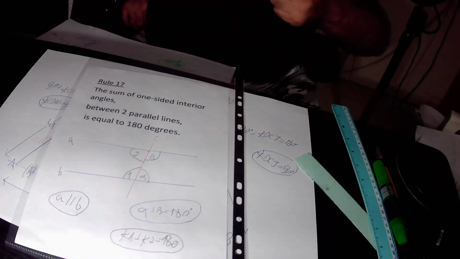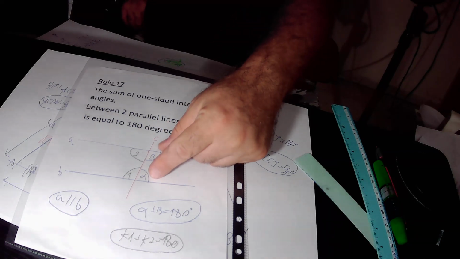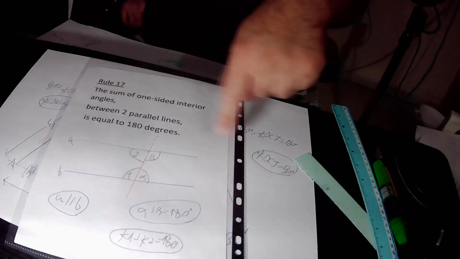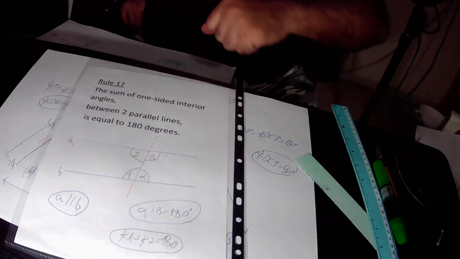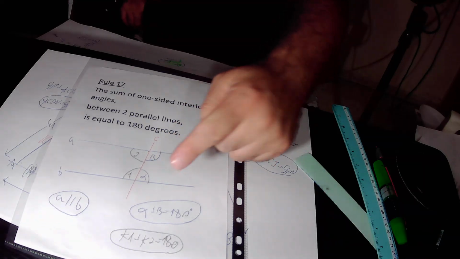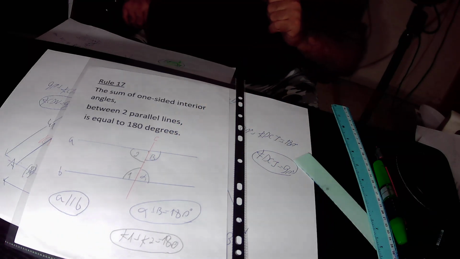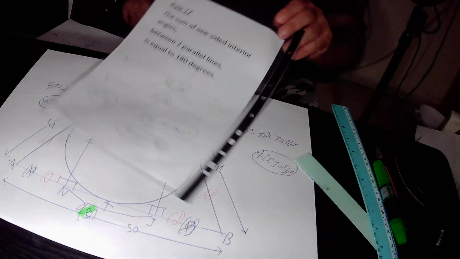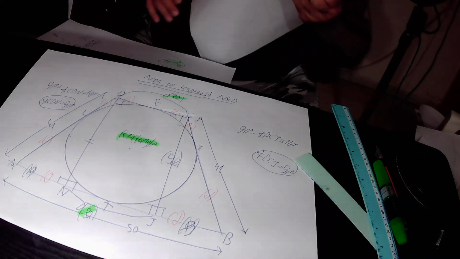And because those two one-sided interangles are located between the parallels A and B, the sum of those two one-sided interangles must be equal to 180 degrees. That is to say, alpha plus beta equals 180 degrees. So we can implement rule 17 in our drawing.